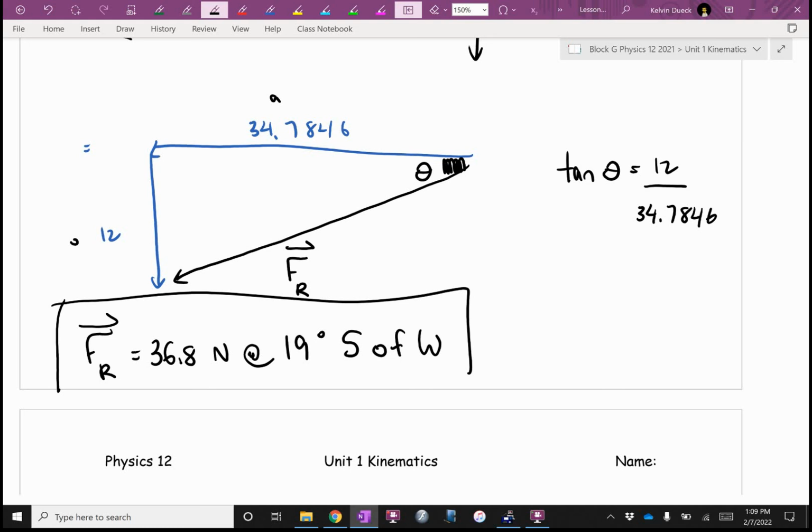Yeah, okay. 36.8 newtons, 19 degrees south of west.